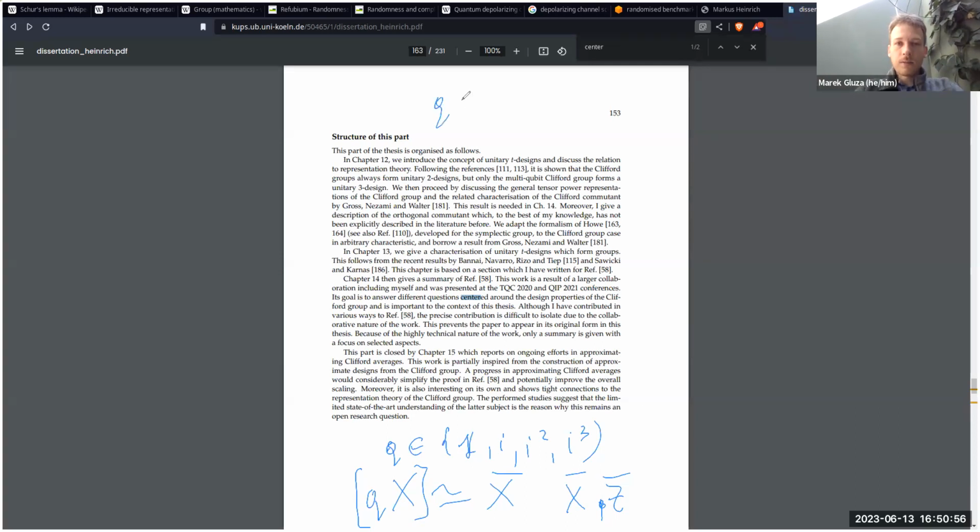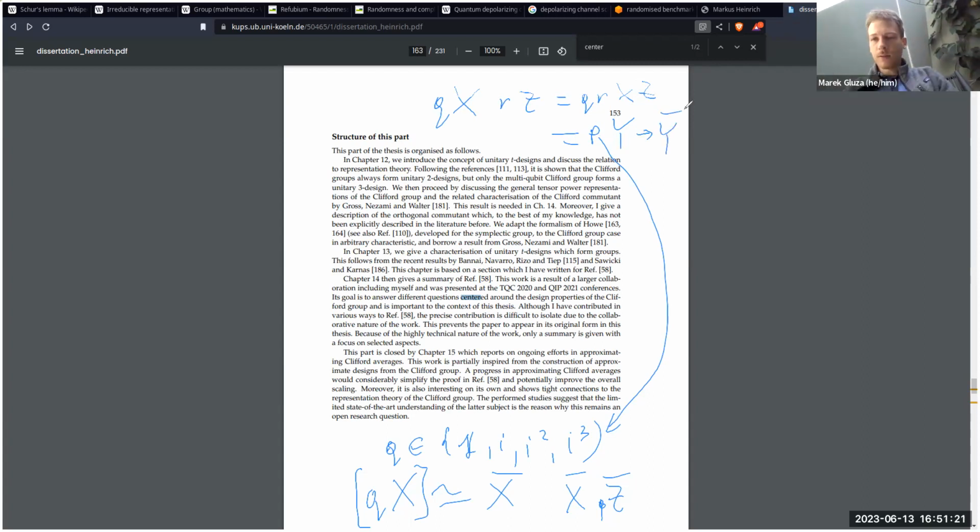So let's say I work with a representative Q and representative R Z. Then I have Q R X Z, which gives me some P times Y with some P, because Q and R are actually in a group. Then this is again here, which means that this gives rise to some Y, and those multiplications work out that way.